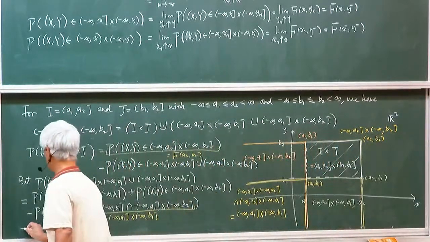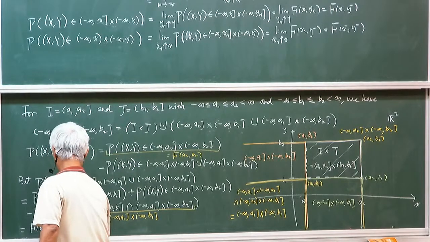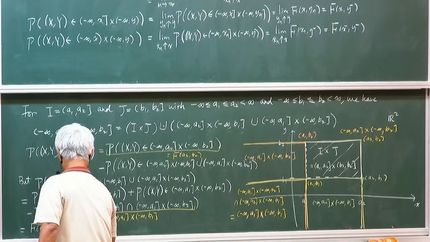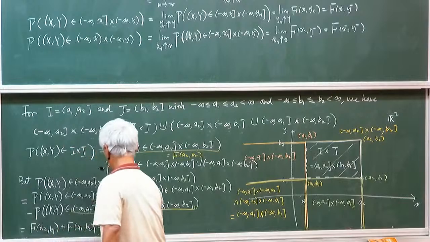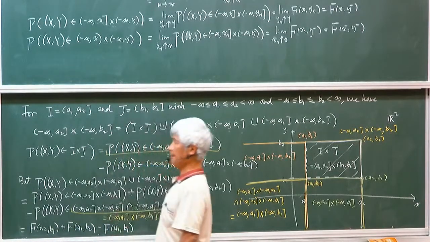So this is equal to F of A2, B1 plus F of A1, B2 minus F of A1, B1. Okay.